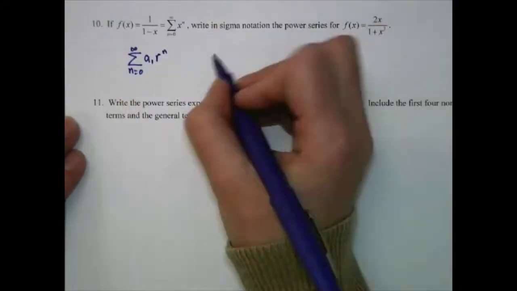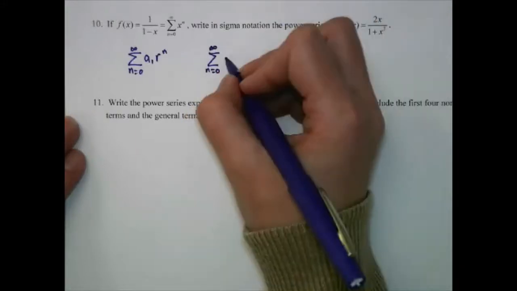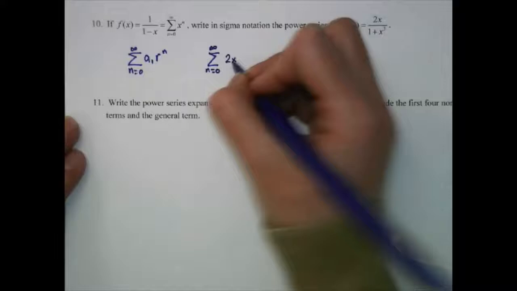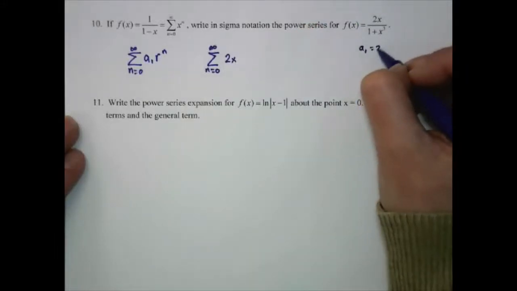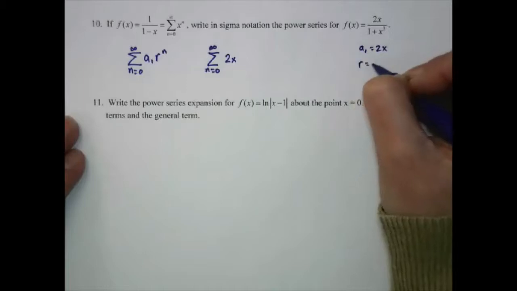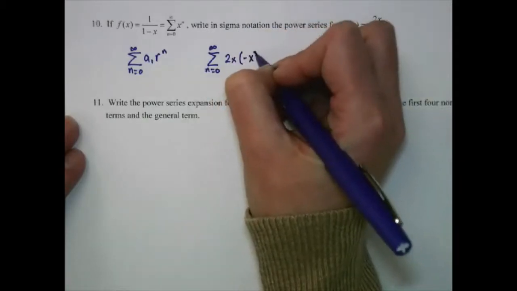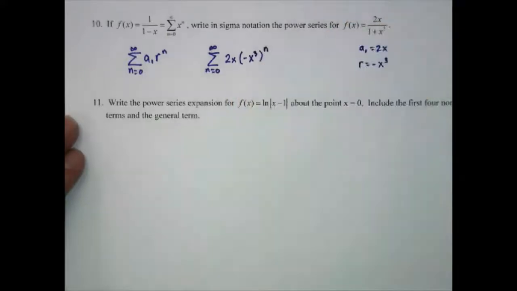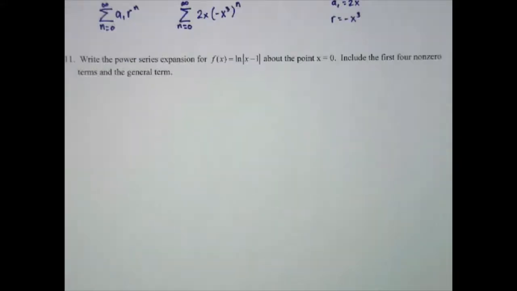My a1 in this case is going to be 2x, times my common ratio, which is going to be a negative x cubed. So I'm just going to put a negative x cubed in parentheses there to the n. You could simplify it if you want to, but I'm going to leave it just like that.